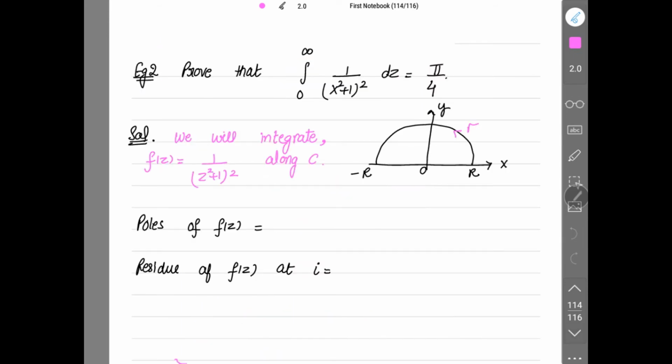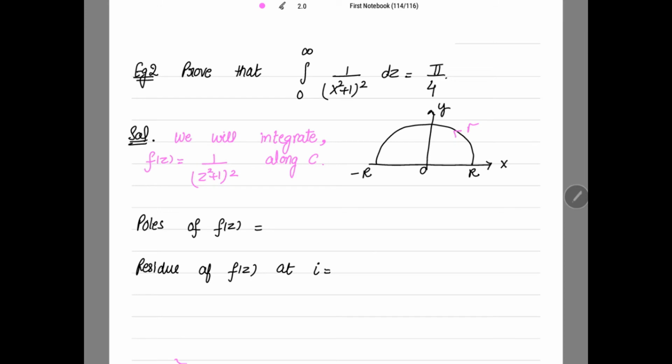Next, prove that the integration from 0 to infinity of 1 over x squared plus 1 whole square dx is equal to pi by 4. Now here the integration is from 0 to infinity, not from minus infinity to infinity. But we have to go through our proof with similar steps to what we have done in the previous example.